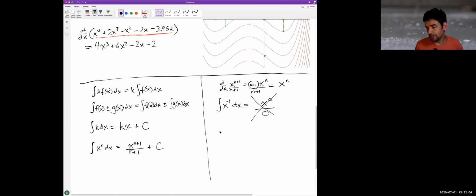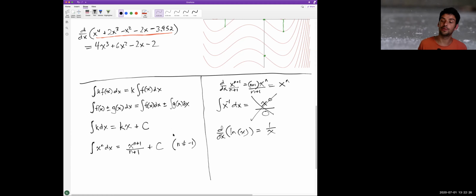Well, can we think of a function? This is x to the negative 1, or 1 over x, whose derivative is 1 over x. We probably remember natural log of x. Okay? So this rule doesn't work when n equals negative 1. It will work for all other numbers, and we need a special rule for when the power is negative 1.